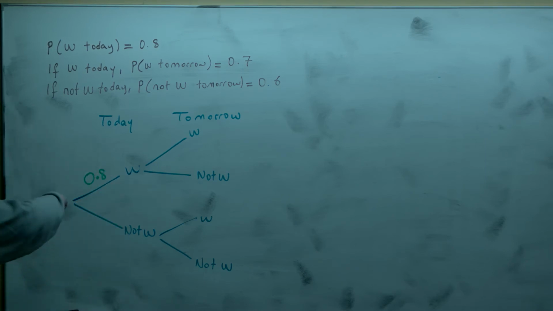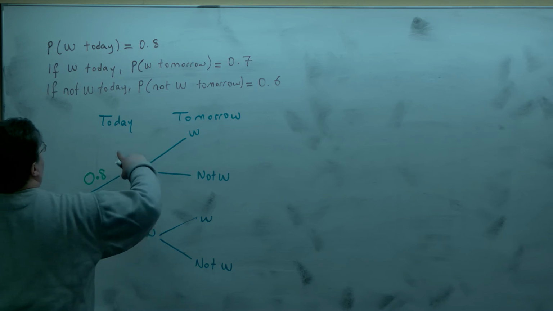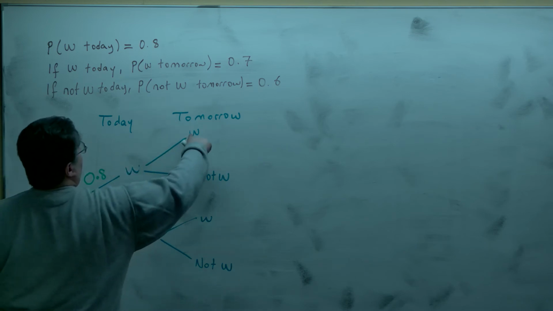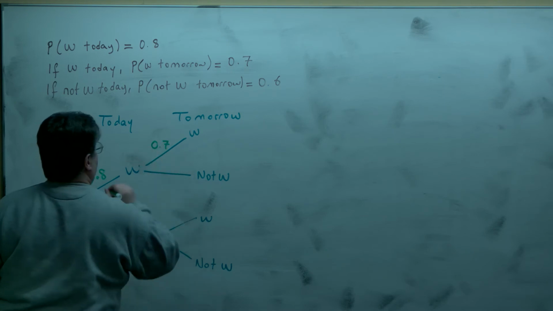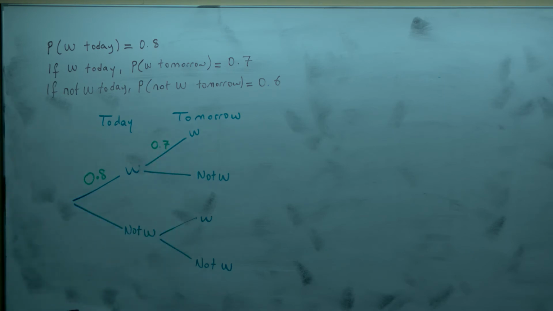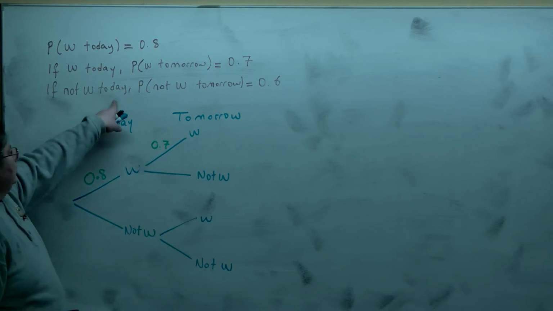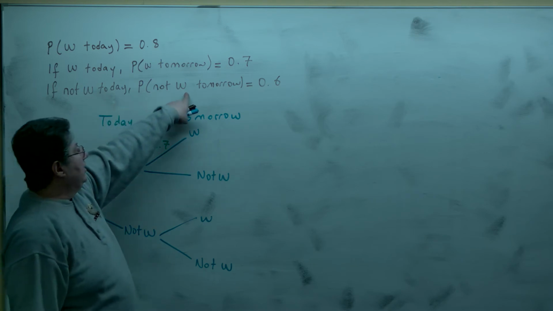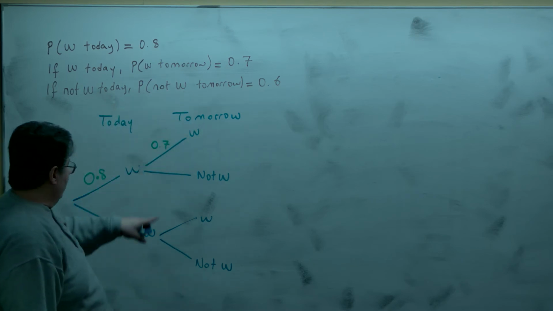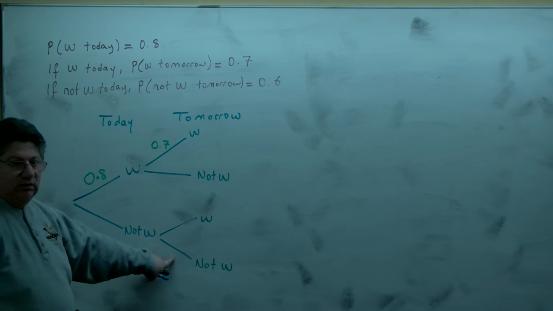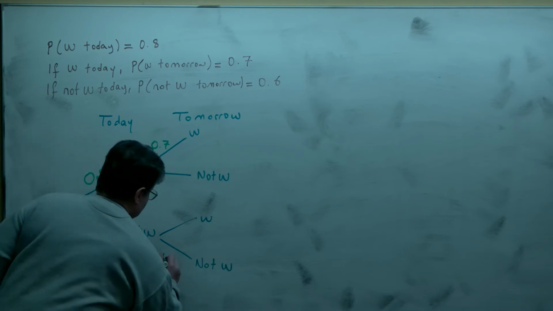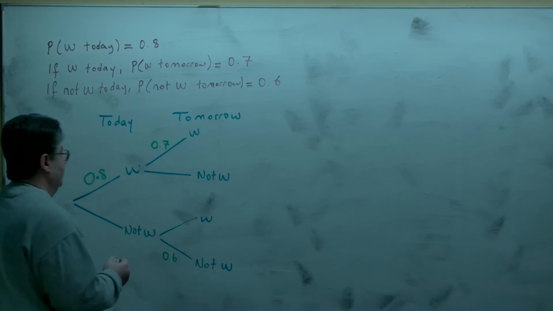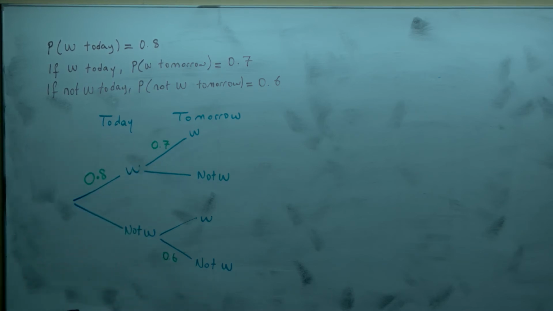Now, if it is windy today, probability that it will be windy tomorrow is 0.7. That is 0.7 here. If it is not windy today, probability that it will not be windy tomorrow is 0.6, which is this one. Okay? This one. 0.6.